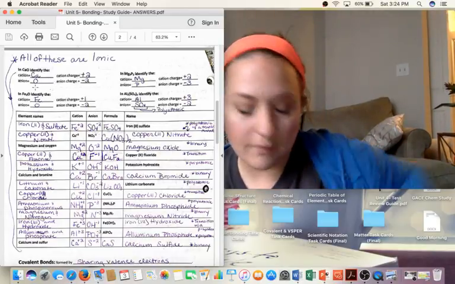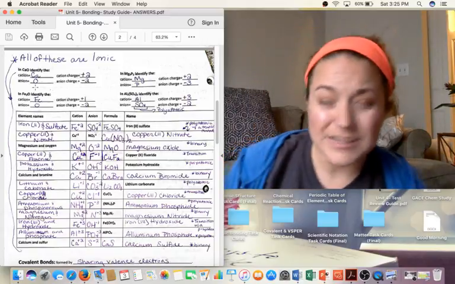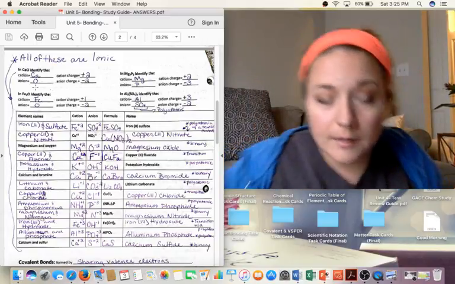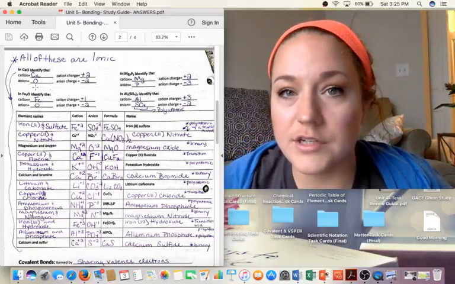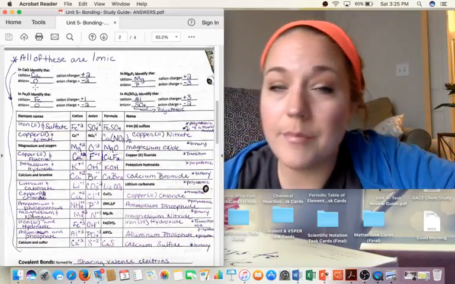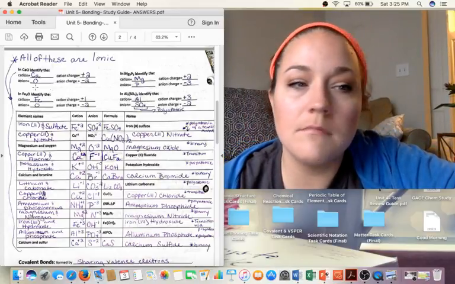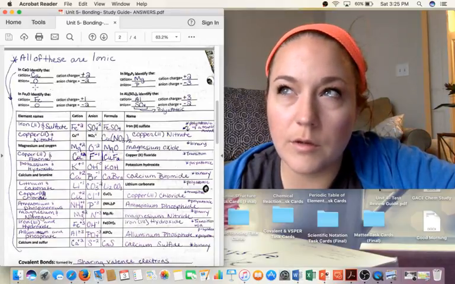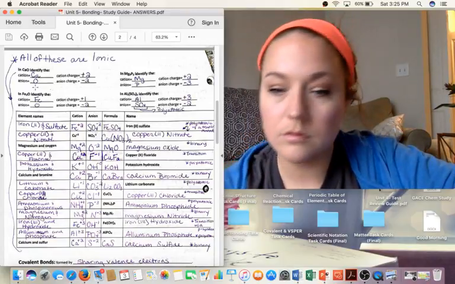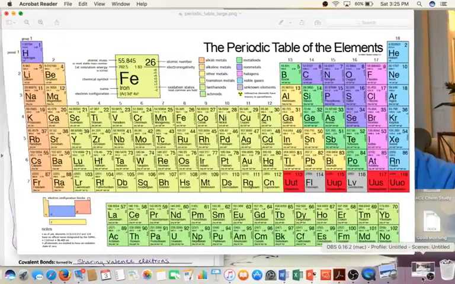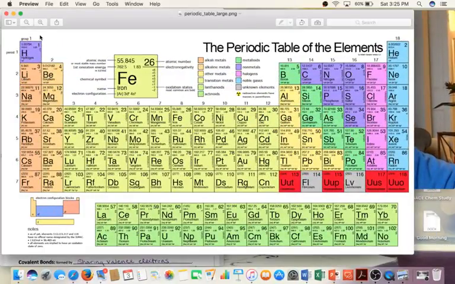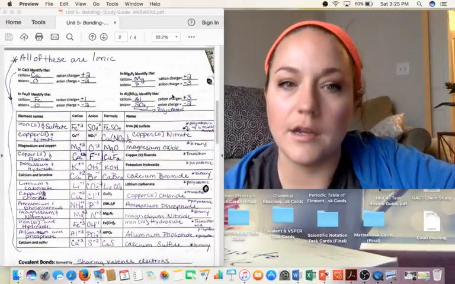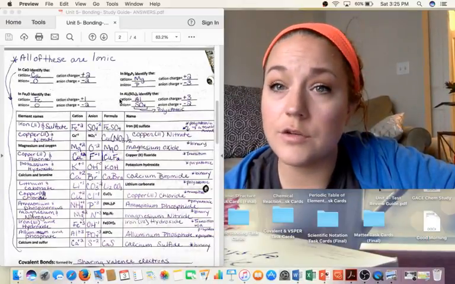Also, you should have labeled by now, since you had a quiz on it this week, the ionic charges. So look at the top of each of the groups. Group 2 has a positive 2. And oxygen, who is in group 16, has a negative 2 ionic charge. That is all you need to do for this section.